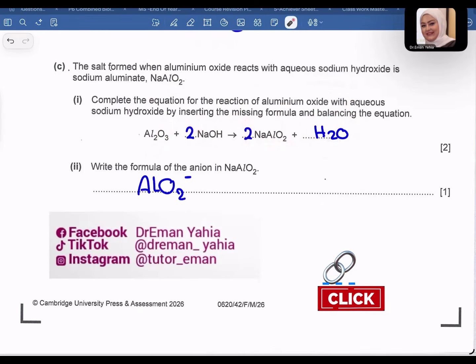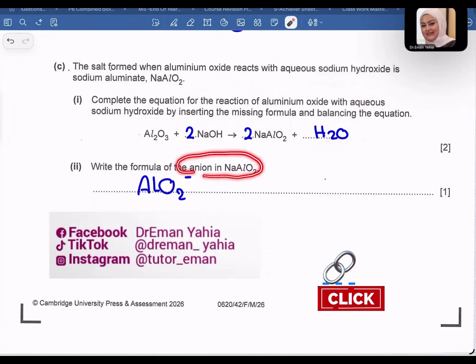Aluminium: Al1 here and Al2 next to the NaAlO2. Now you have 2 sodium, 2 aluminium and 4 oxygen. So if you put 2 here, now you have 2 sodium, 2 oxygen and 2 hydrogen. So hydrogen is already balanced.